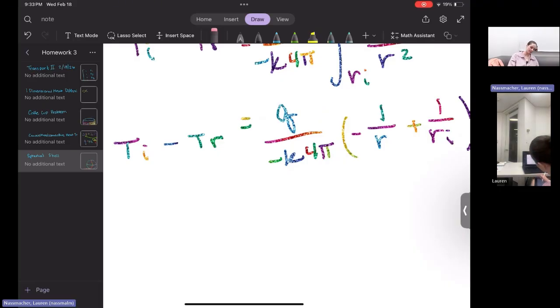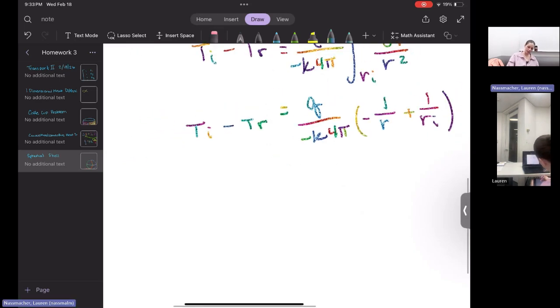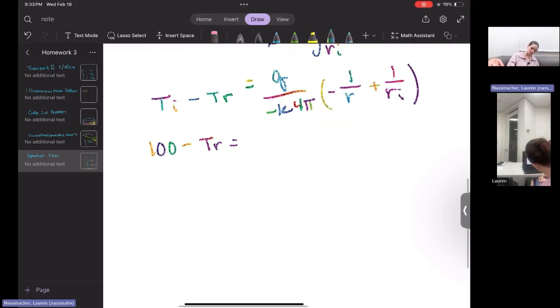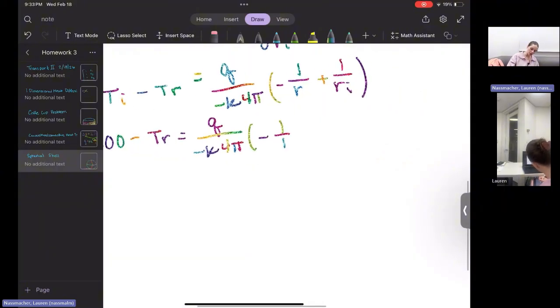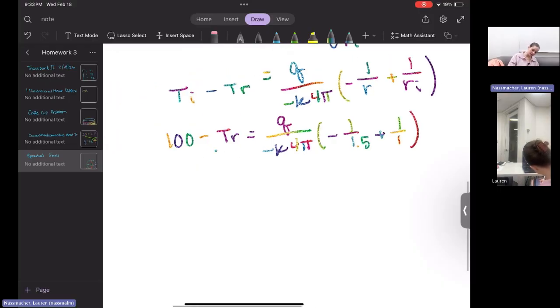So what can we do? Because if we know this temperature and the radius, and we don't know the temperature at the radius we want, we don't know any of these variables, how on earth are we supposed to find the temperature at 1.5 meters?